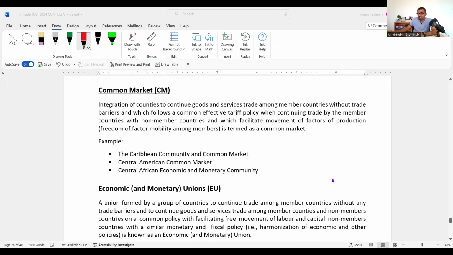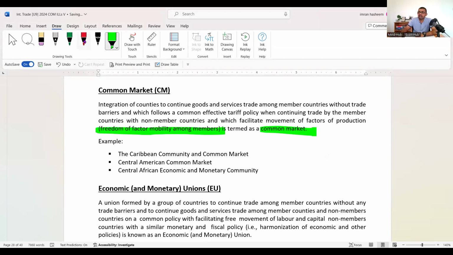Again, I've given some examples. Here you can easily see it. Freedom of factor mobility among members is termed as a common market. Get it?